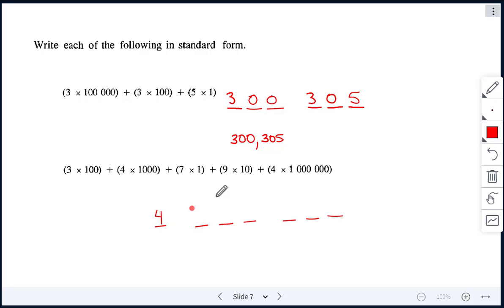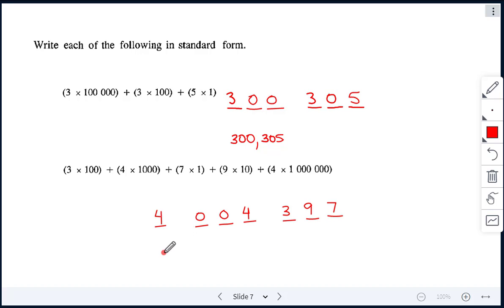Then I'm just going to go through. I have 9. It's in my tens place. 7 is in the ones place. 4 is in the thousands place. And then 3 is in the hundreds place. All right, and the rest of the places I will fill in with zeros. Right, so that's what it looks like.